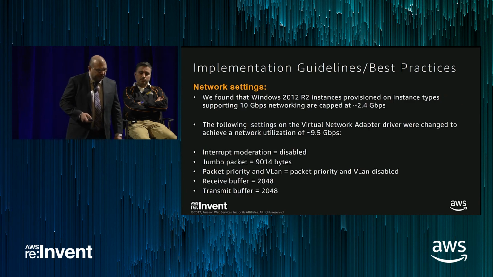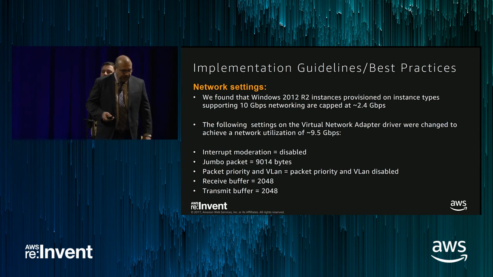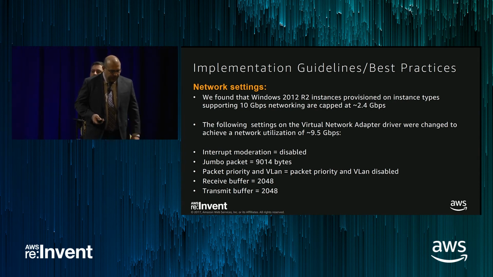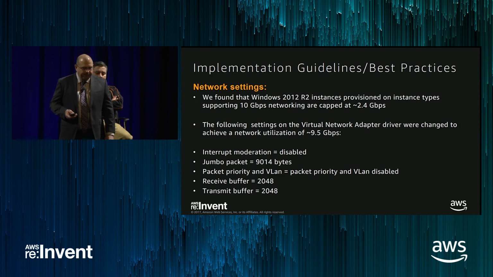This is interesting. We initially found in our baseline testing that we could push 2.4 gigabits per second over our Direct Connect. Once we were done making changes to EC2 network settings, we were able to get that up to 9.5.